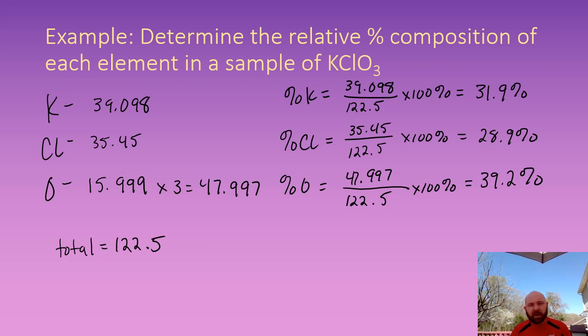So potassium chlorate then is about 31.9% potassium, 28.9% chlorine, and 39.2% oxygen by mass.